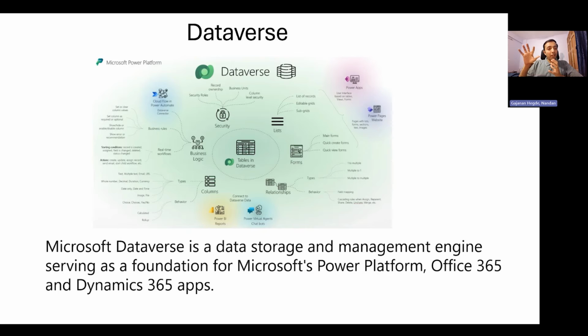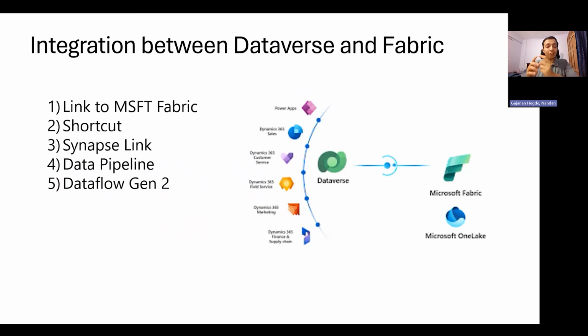Microsoft Fabric is the data and analytics one-stop shop, a SaaS product for everything from data engineering to data analytics, and Dataverse is the database for the Power Platform ecosystem. Now, how do we integrate these two ecosystems together so that organizations can get the maximum benefit of both? There are a couple of ways which we will walk through in this session.